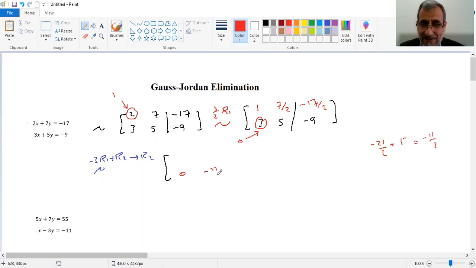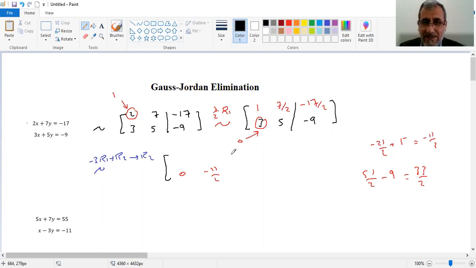Then negative 3 times negative 17 over 2 is 51 over 2, plus negative 9, so it equals 33 over 2, because 51 minus 18.